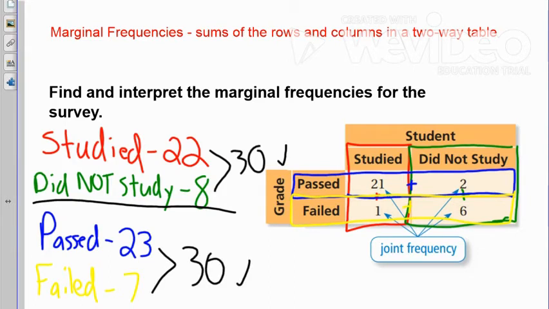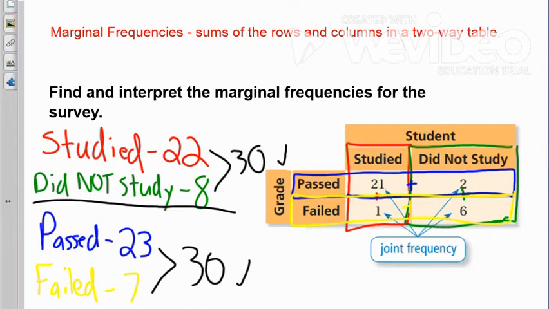Okay? So now what we can say is that there are 22 students that studied. And then you can now start comparing. So 21 of the 22 who studied passed. 8 did not study, so we can look and then say 22 of the 30 studied, and only 8 did not. And then you're able to compare looking at the types of information that you have.